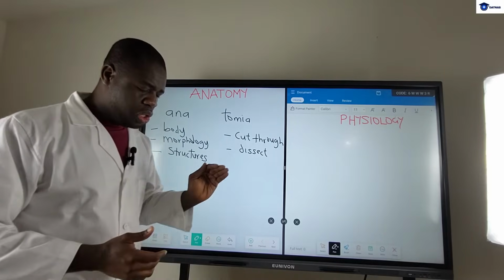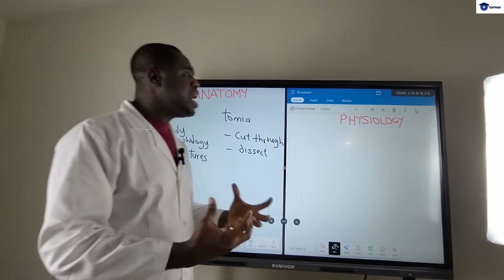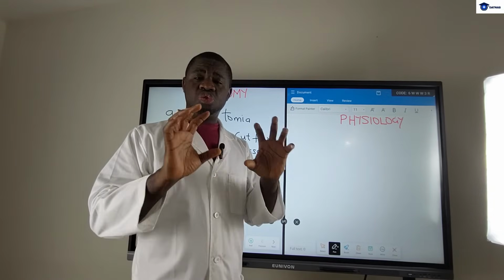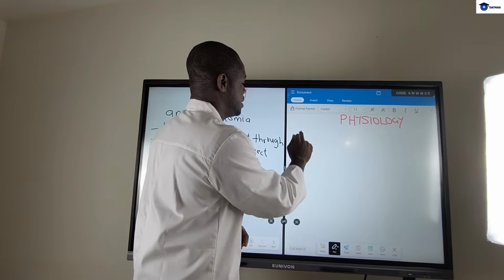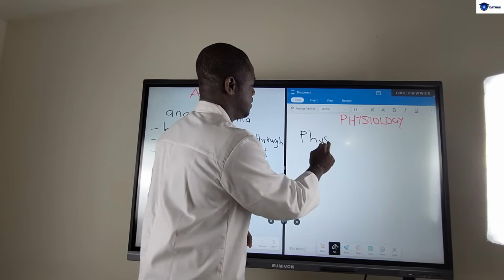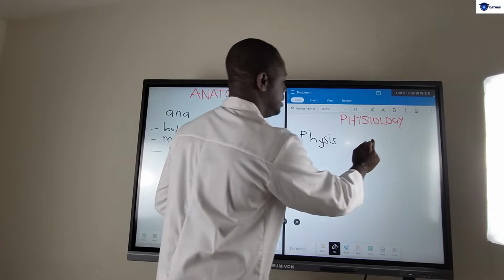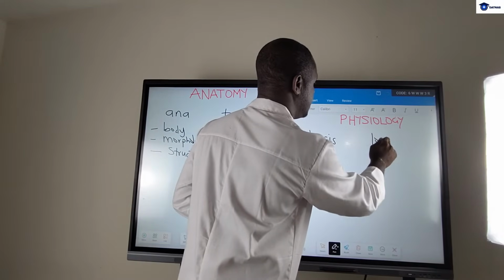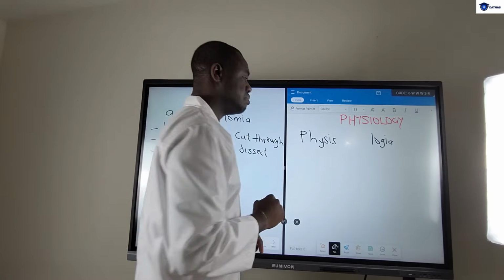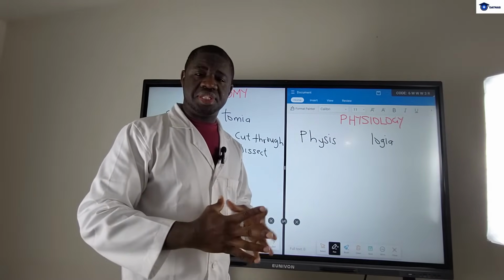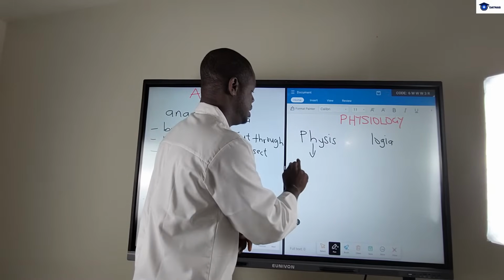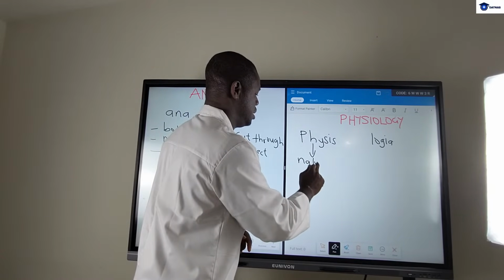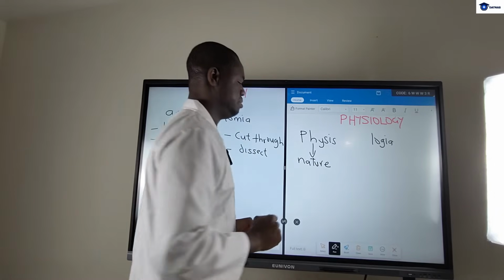What is physiology? Physiology is also derived from two words, which is physis and logia. Physis means nature.